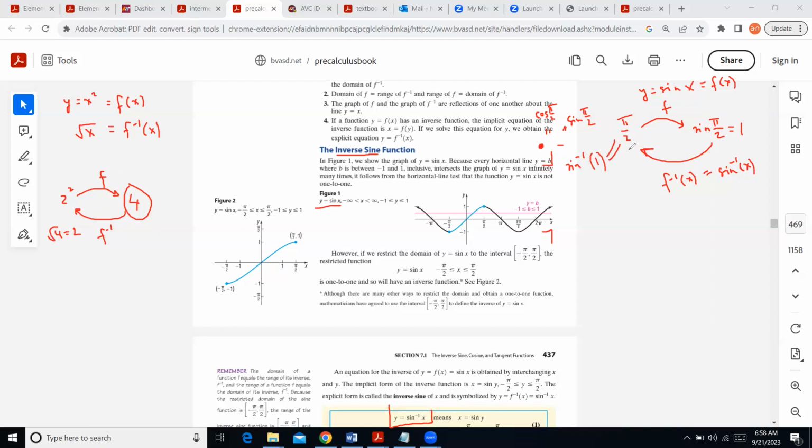So somehow I need to write this down, that inverse process, and the way to write it is to use this sign with this -1, which actually stands for the inverse, not 1 over sine. It's an inverse. So the inverse function basically switches x and y axes, and that's what they show in this picture.